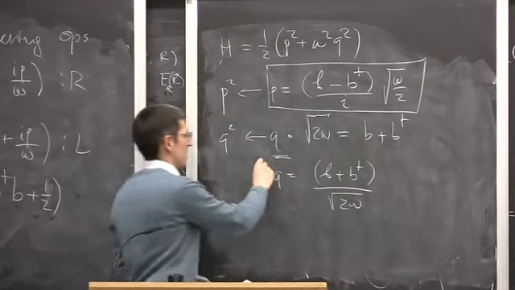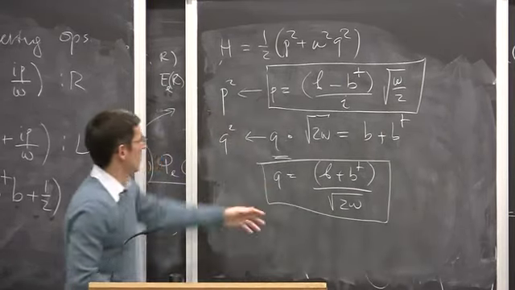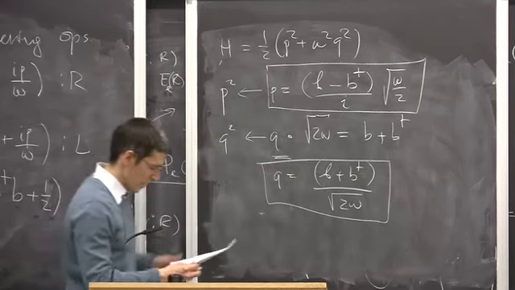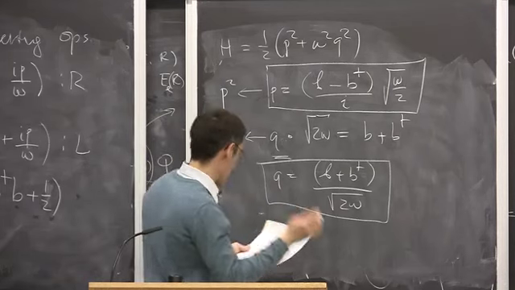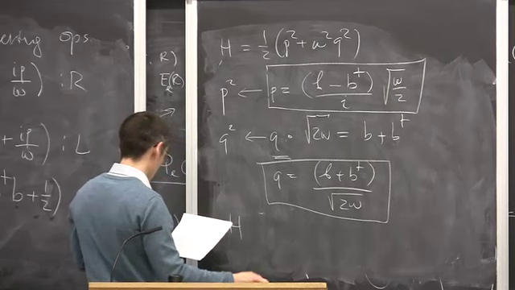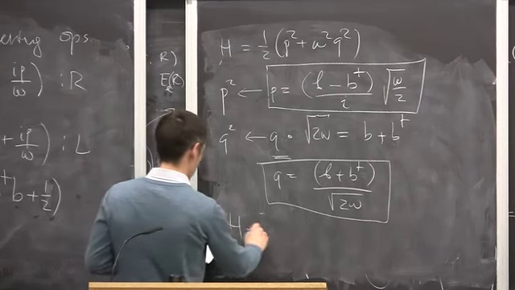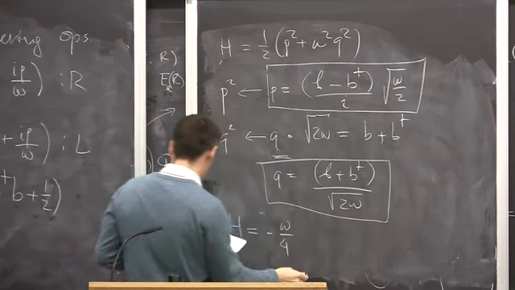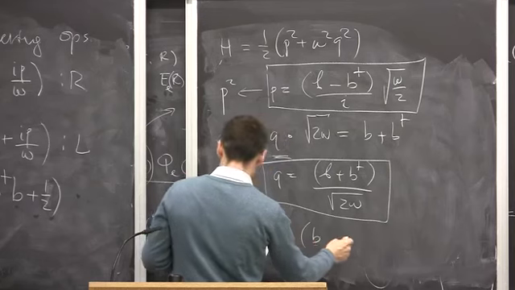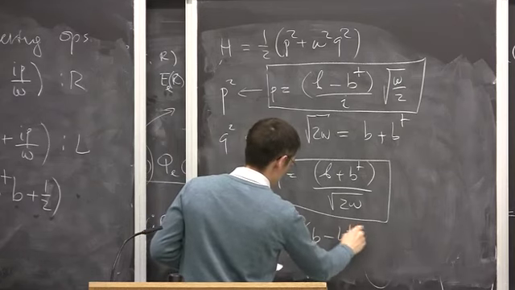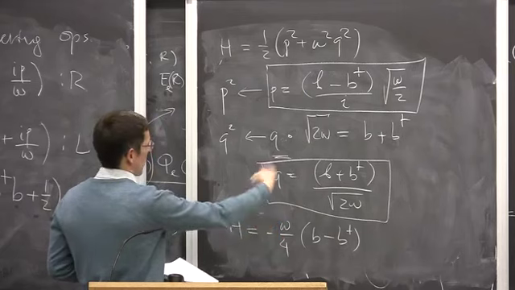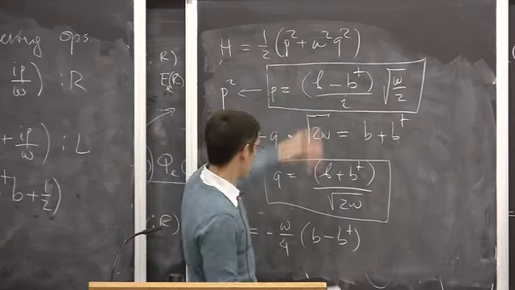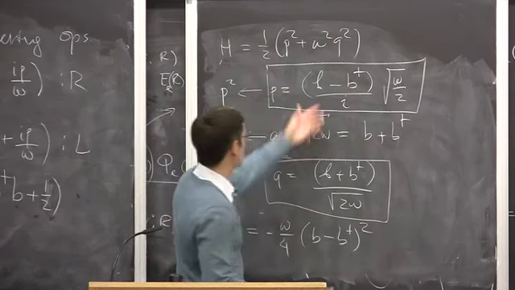And if you take that and this, then you can obtain P squared and Q squared by squaring them. Essentially, the Hamiltonian then becomes, if you start from here, omega divided by 4 for the P part, B minus B dagger. This is P squared divided by 2. That's what it will become, because P squared is a square of B minus B dagger, right?